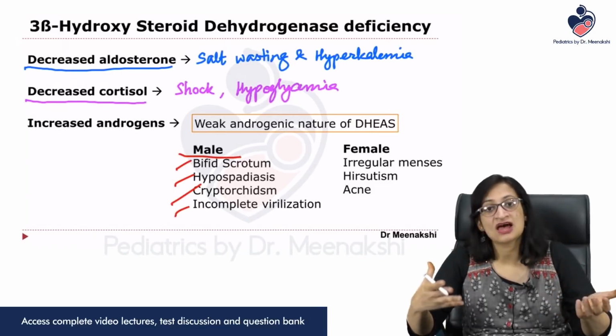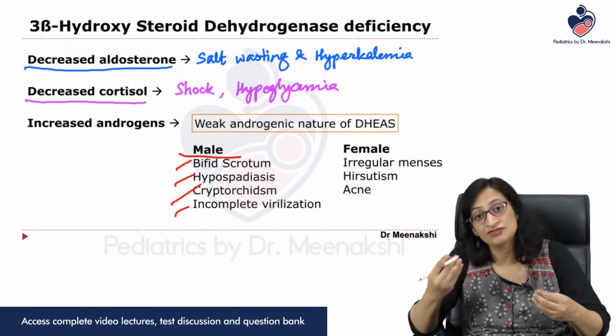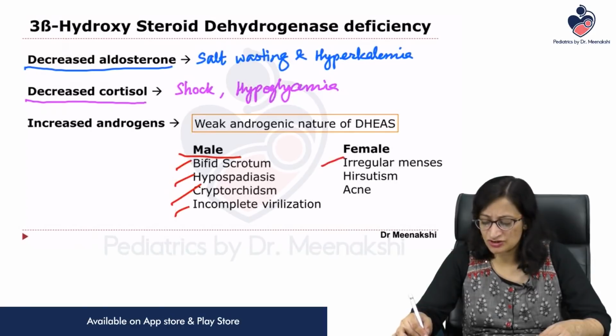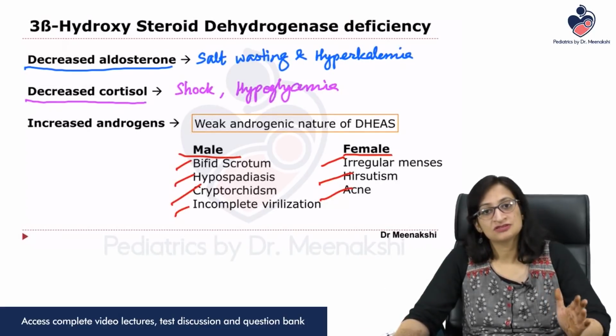So males can have ambiguous genitalia or under virilization because of the weak androgenic nature of DHEA. While females can get subtle features of androgen excess like irregular menses, hirsutism, acne. So that is what happens in 3-beta hydroxysteroid dehydrogenase deficiency.